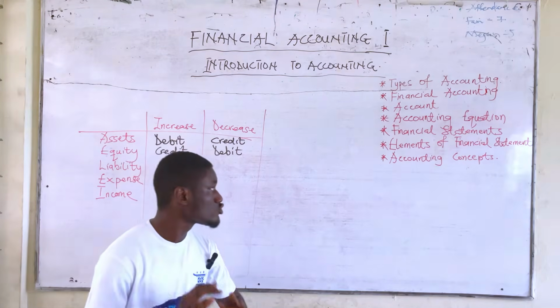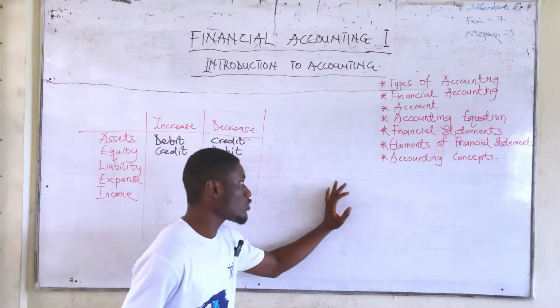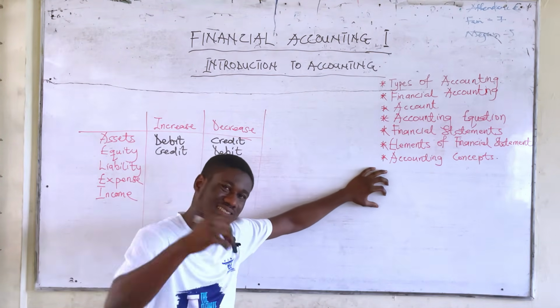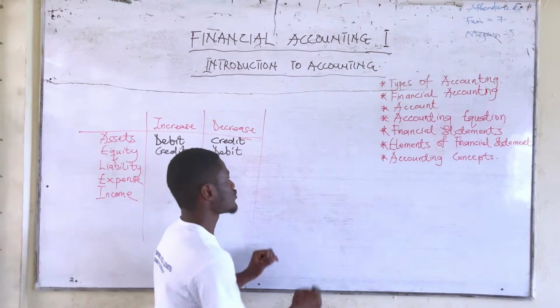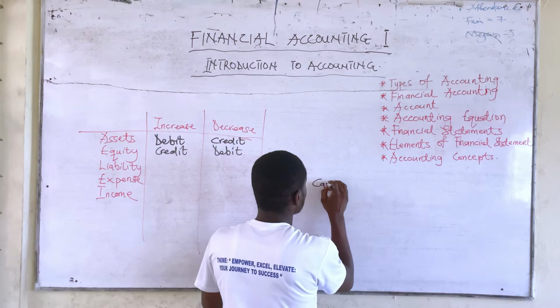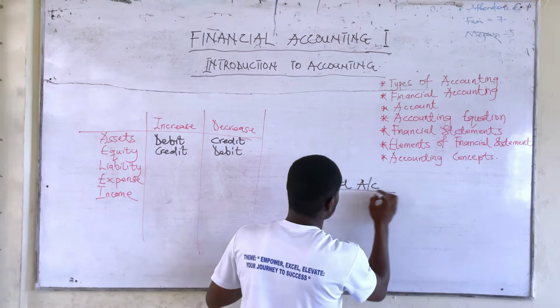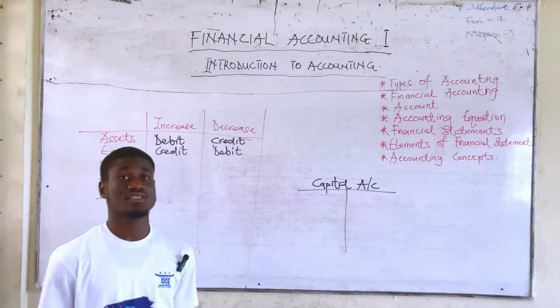Simple as that. Just as we know sales means goods sold, you should know that when you started a business, it's capital. So with this transaction, the accounts involved are capital and cash.